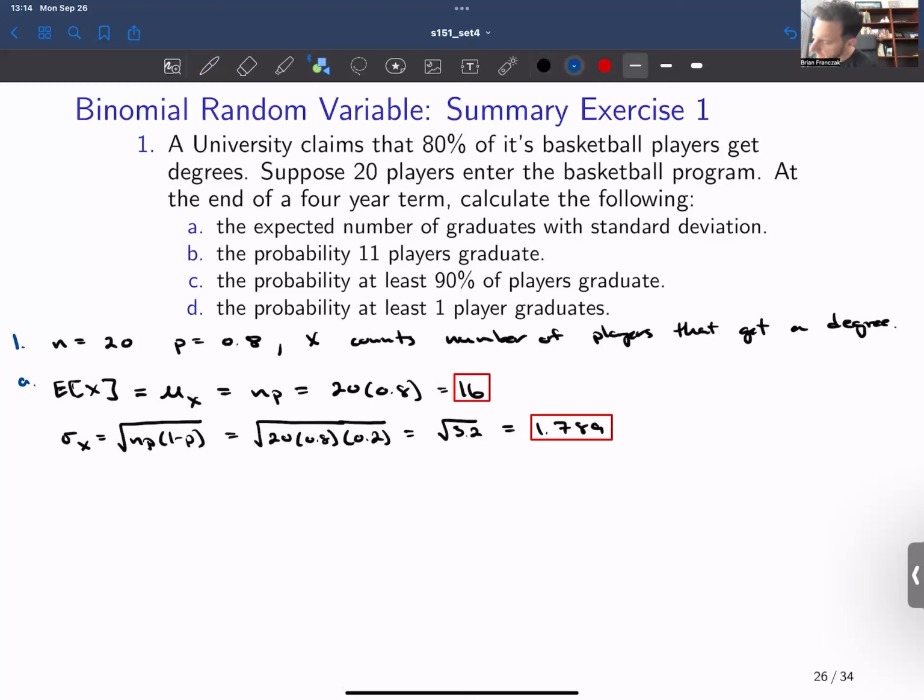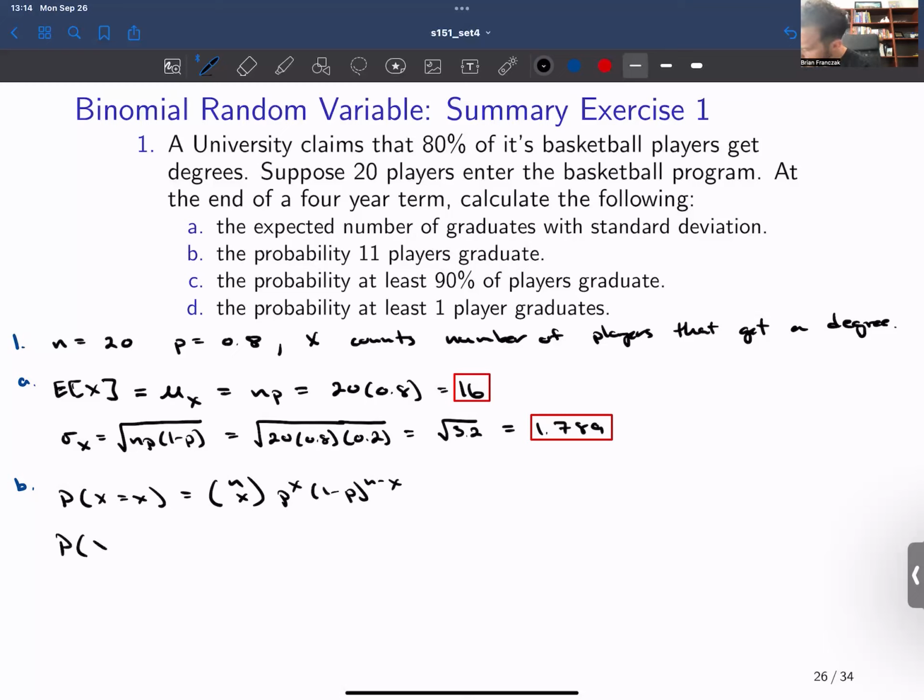Part B asks, what is the probability 11 players graduate? So the probability X equals x is N choose x, P to the x, 1 minus P to the N minus x.